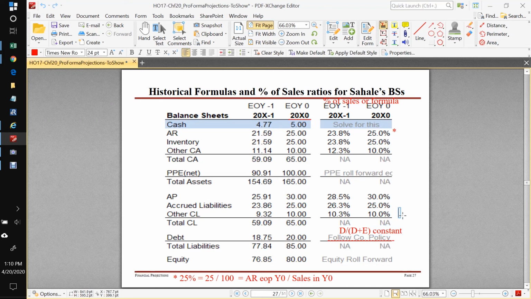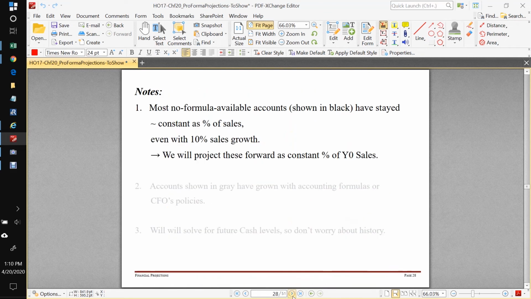That's what they want to do going forward. And for equity, we're going to use our equity roll forward equation. So equity EOP equals E BOP plus net income plus PIC, which for us is going to be, as we know, 0, minus dividends. So this is pretty much how we're going to project things out on the balance sheet.